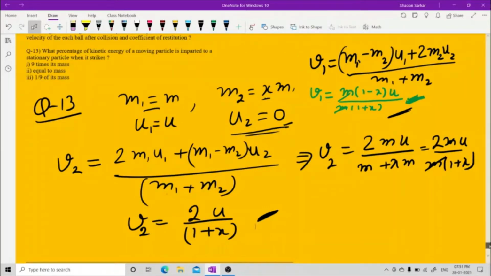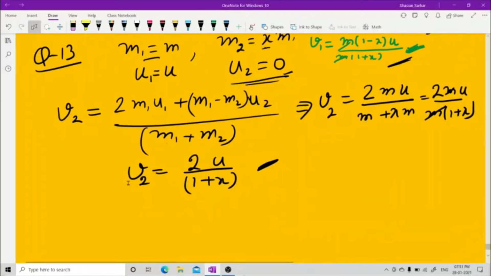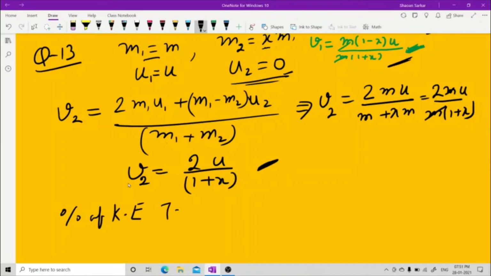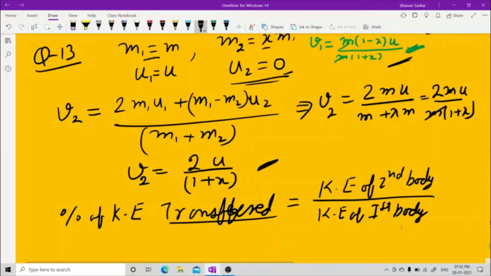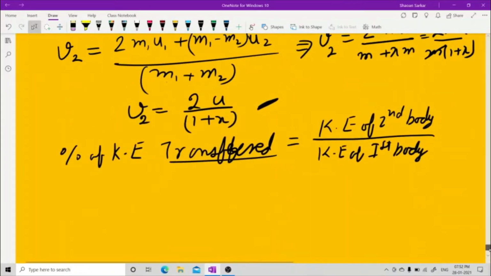You can take the percentage of kinetic energy transferred as the kinetic energy of the second body upon the kinetic energy of the first body. Now let us write it down. See what happens. This is equal to half.